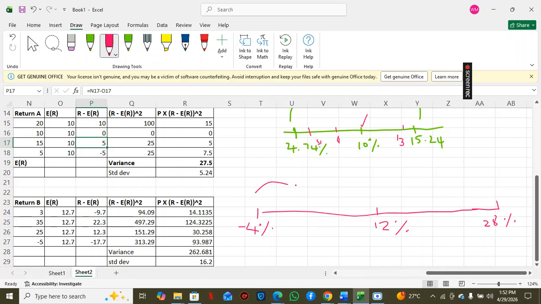So this is the range of your returns for company B. You might make a 25% return. You might make a loss of 1%, a return of negative 1%, which is a loss. You might make a return of 10%, might make a return of 20%. The range is wide.